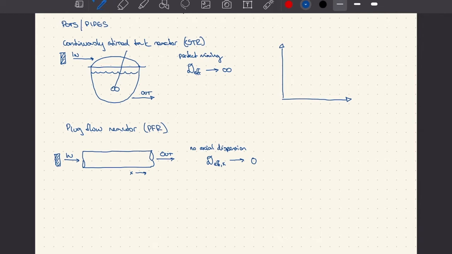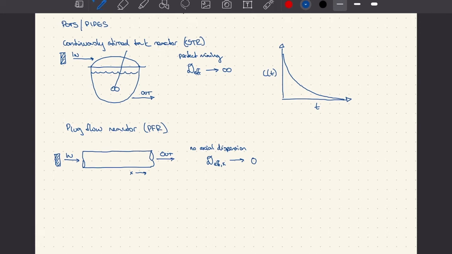And if we start to quantify the concentration at the outlet stream, we could expect that it's going to be high at the initial state upon perfect mixing, and then it's going to slowly decay as we have mass flowing out of the system, or liquid flowing out.